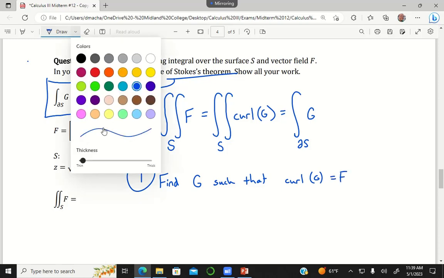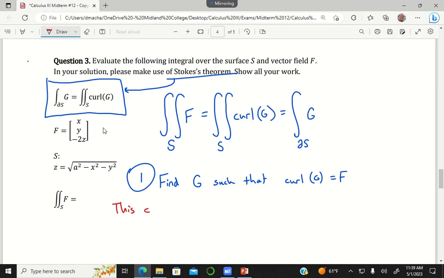And we said the other day that this can only be done if what? It's only possible to find a vector field G such that the curl of that vector field is equal to f if the divergence of f is 0, right?